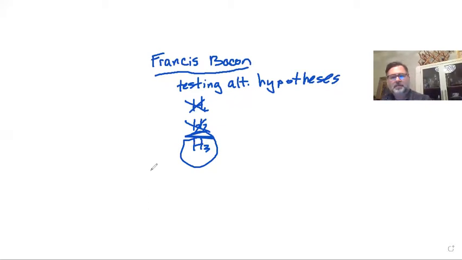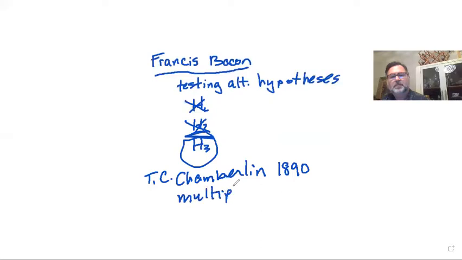Another idea was proposed by T.C. Chamberlain in 1890. And his idea was multiple working hypotheses.